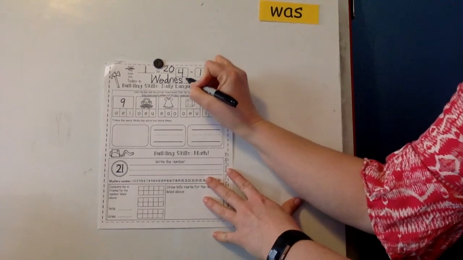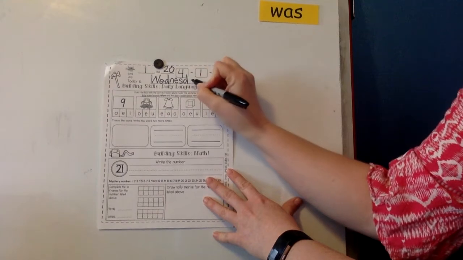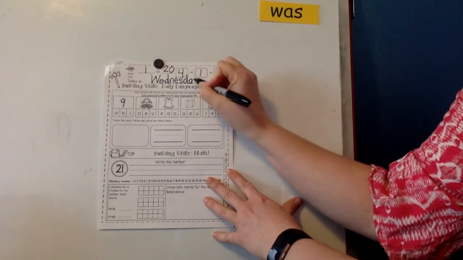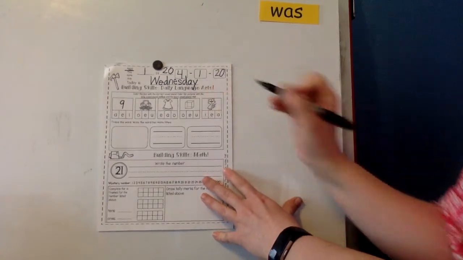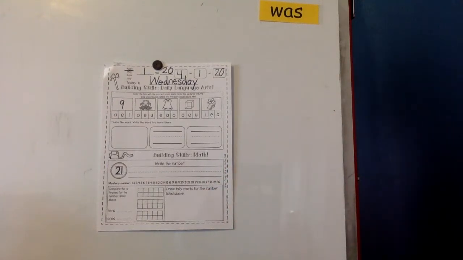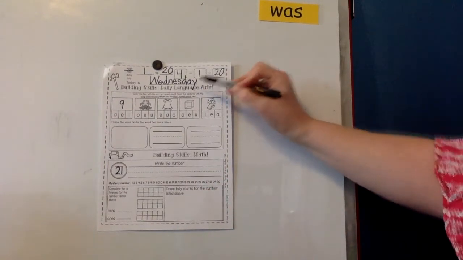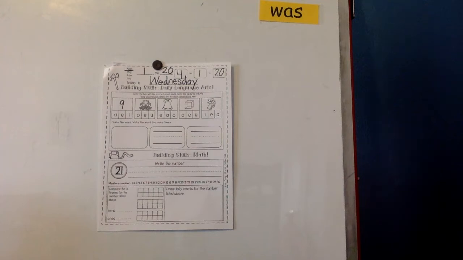So we're going to write D, A, Y. Now notice that my Y goes down below the line into those letters down there.